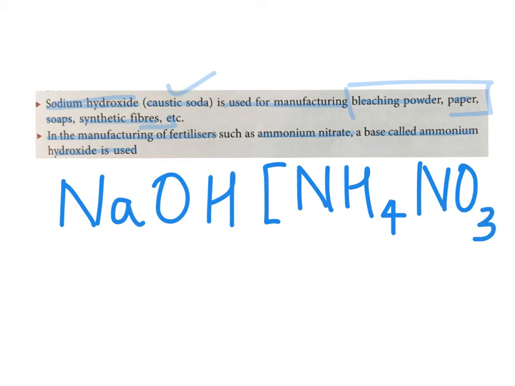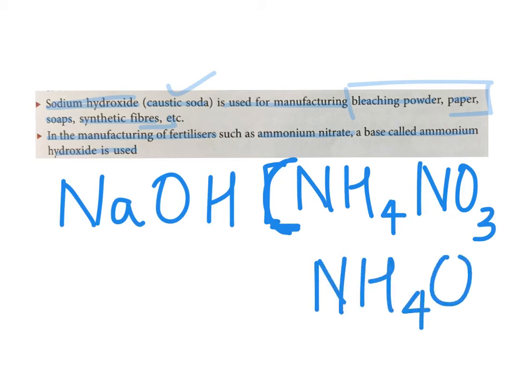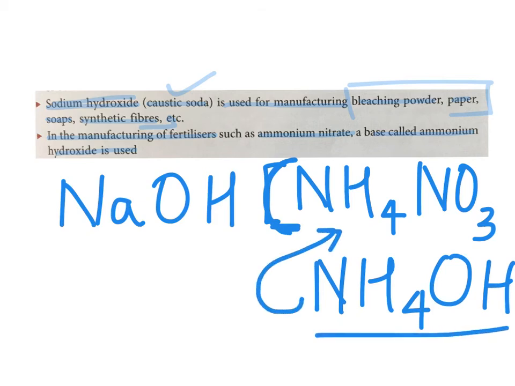These formulas are here to just give you a feel. This is ammonium nitrate. To form this ammonium nitrate, ammonium hydroxide is used. So this is ammonium hydroxide, NH4OH. By using this, we can make ammonium nitrate, which is used as a fertilizer.